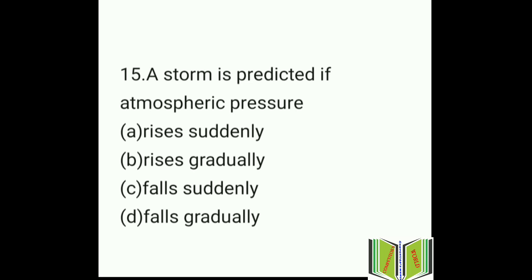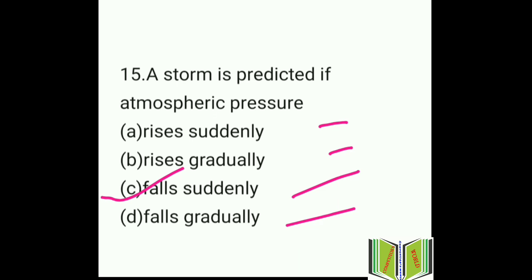Move on to the next question, question number 15, and this is the last question of today's session. A storm is predicted if atmospheric pressure: option A rises suddenly, option B rises gradually, option C falls suddenly, and option D falls gradually. I have already discussed this question in the previous video. You can also check it. So the answer will be option C, falls suddenly.